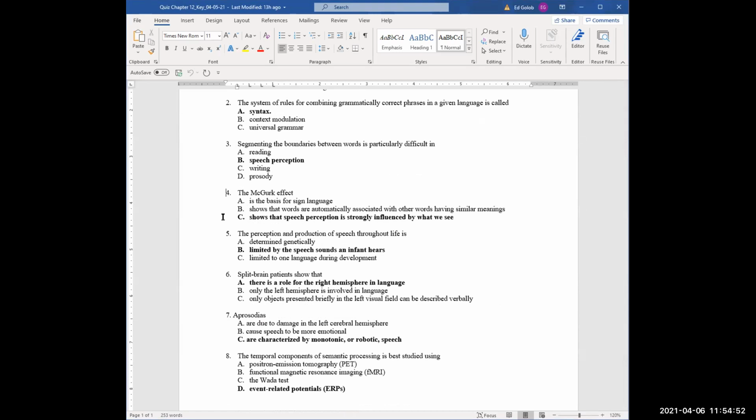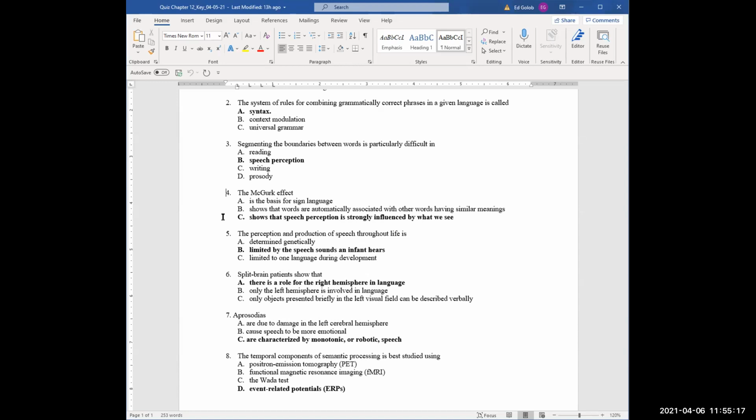It'll make more sense when I show you the video. The basic McGurk effect shows that speech perception is influenced by what you see, which doesn't have to be the case. It could be modality specific, but the human face and gestures convey useful linguistic information. And so consequently, speech perception is influenced by things other than just the sound of speech.